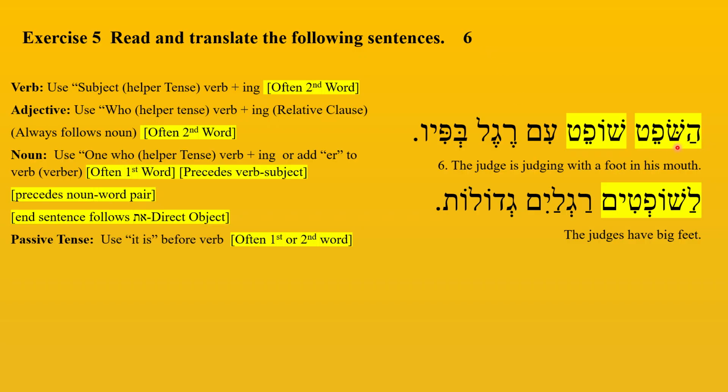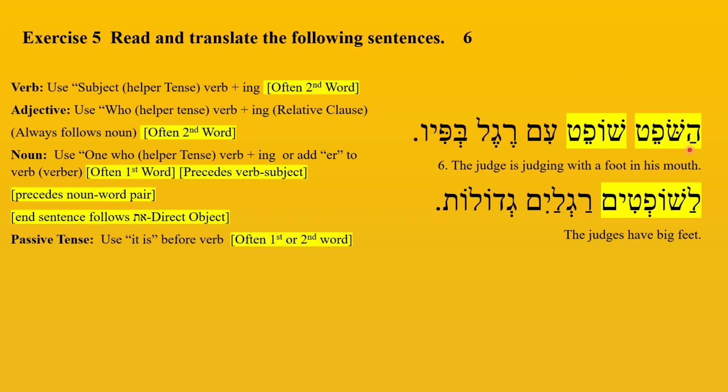Ha shofet im regel bepiv. Okay, so we have two participles in a row. They're both active. So in the first position, probably the subject. Second position, probably the verb.